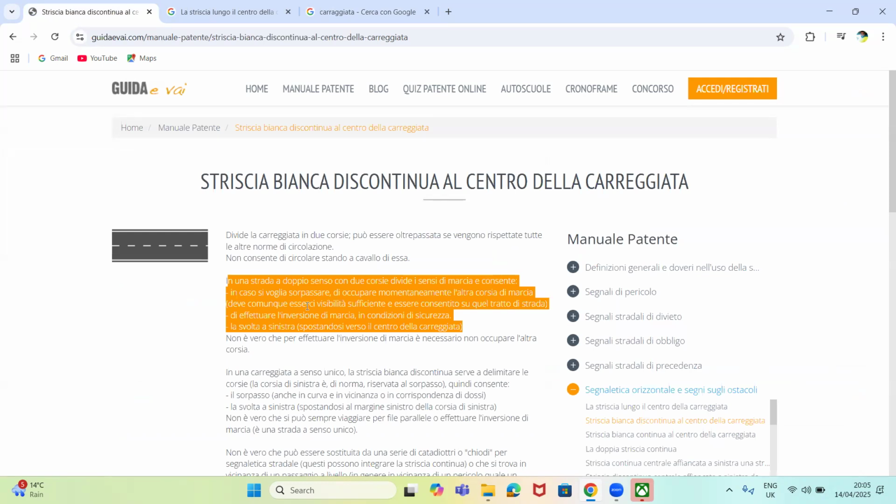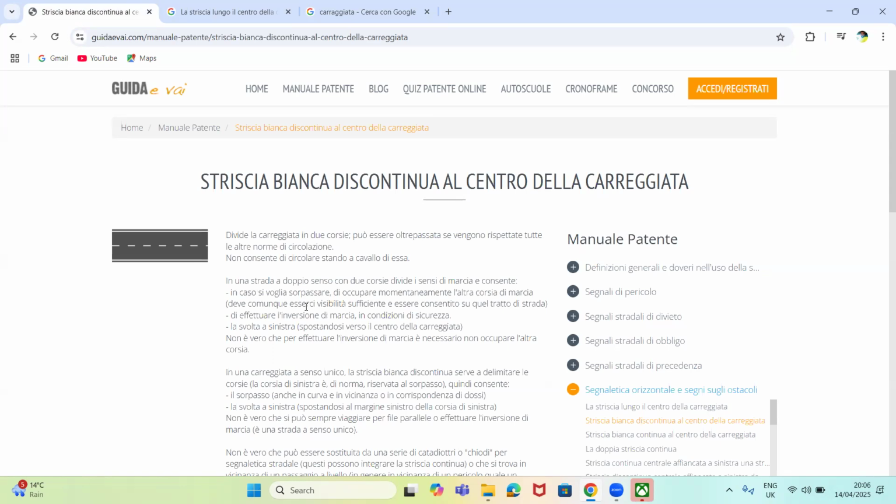In caso si vuole sorpassare, you should occupy momentarily l'altra corsia di marcia, because cars will be coming from the opposite direction. Watch. Ci deve essere comunque visibilità sufficiente e essere consentito su altro tratto di strada. You should occupy the other corsia just temporarily, and there should be sufficient visibility for you to do so, because for the examiner that road is doppio senso.